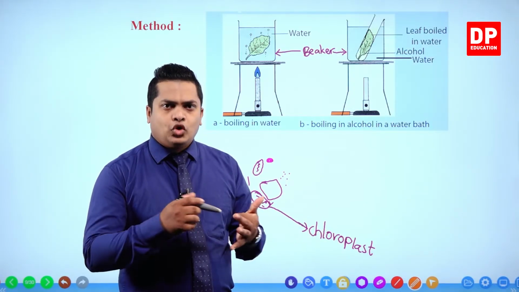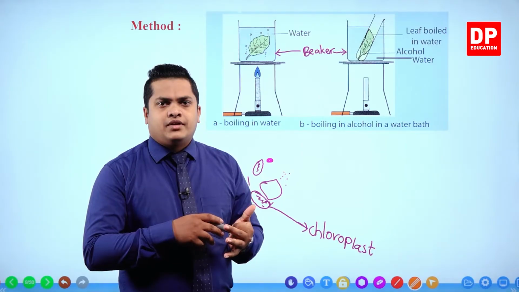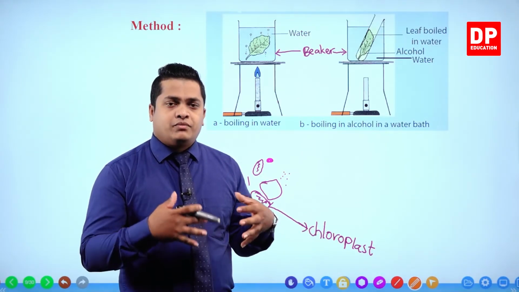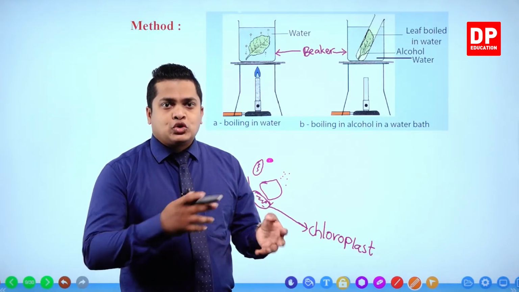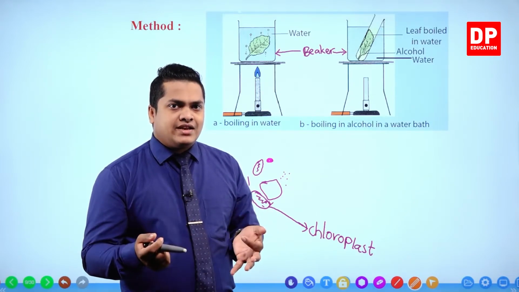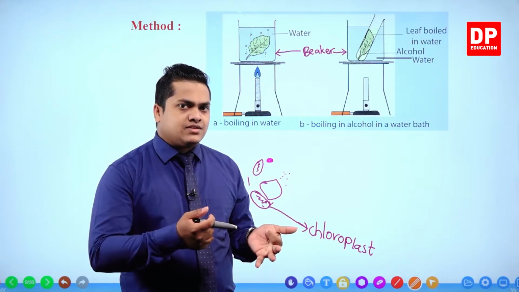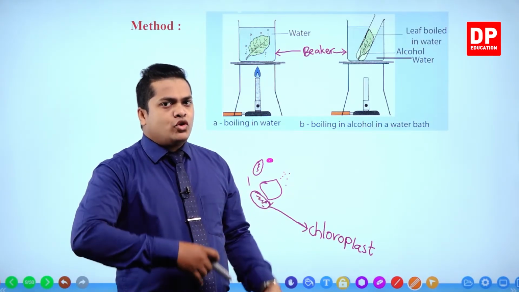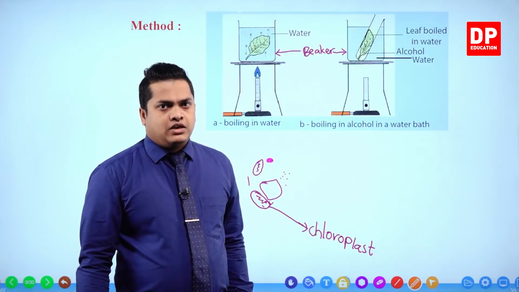Coconut oil is also the same. Coconut oil is obtained from coconuts, a plant material, and they contain carbon. So carbon-based substances readily dissolve within carbon-based substances. But water is not a carbon-based substance, so you can't dissolve chlorophyll in it.